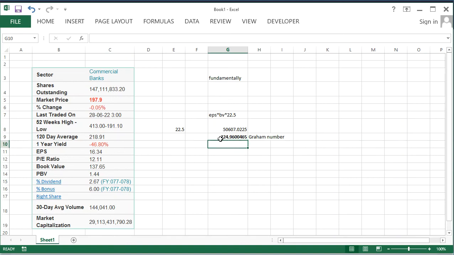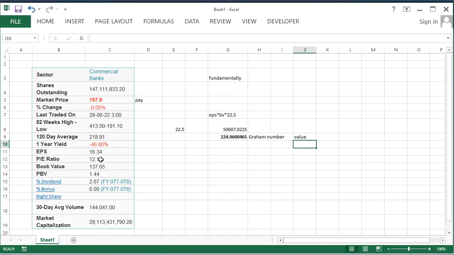So the Graham's number over here is 224.96, so it's almost 225. So 225 is above the market price, and the market price is below. This is the price that we have to pay, and this is the value that we get.